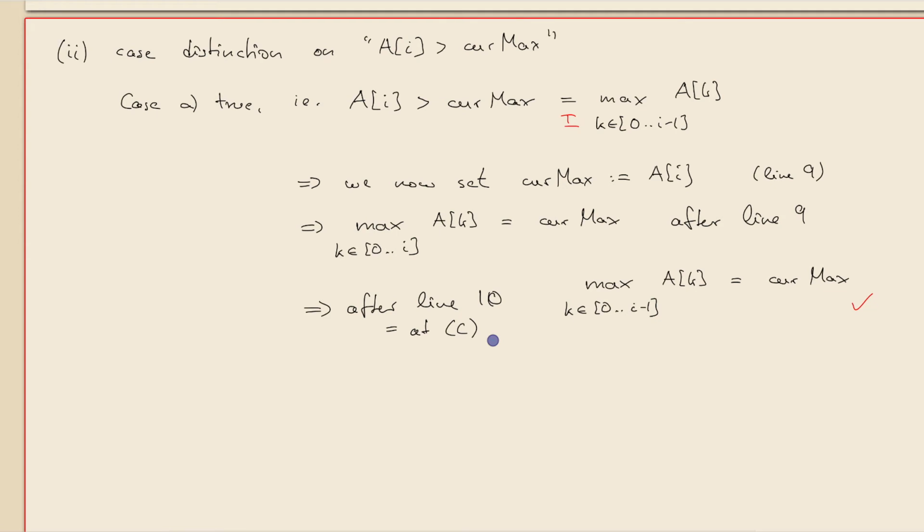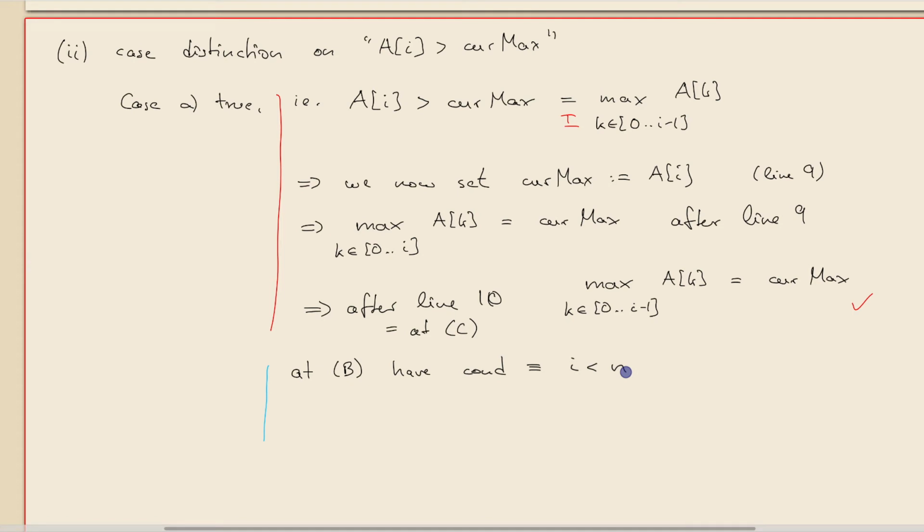I'll mark this with red and then mark this with blue. I don't want to write it in blue because the contrast is not that great. So this was true at B.